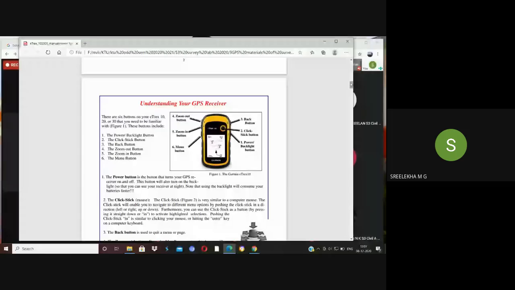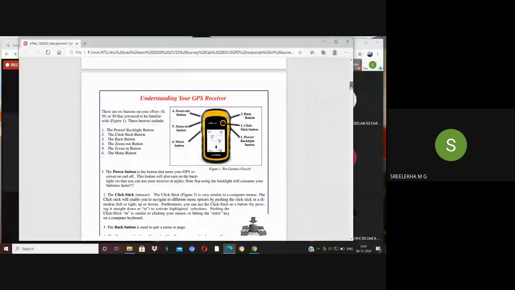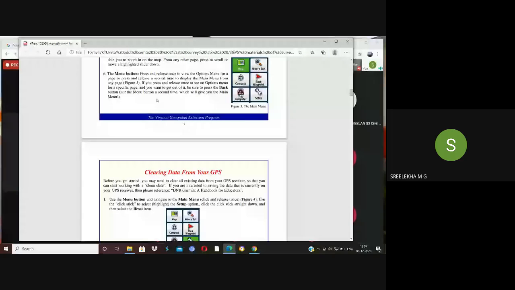Okay. So these are the two main buttons that you should know. Using this, the first step is to take the menu button. The menu button will first be pressed, and then in the menu you can see the options.